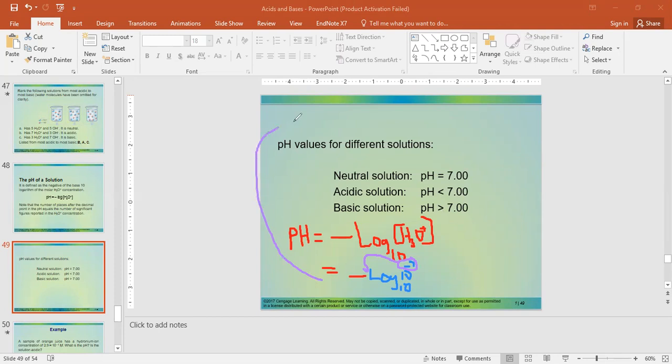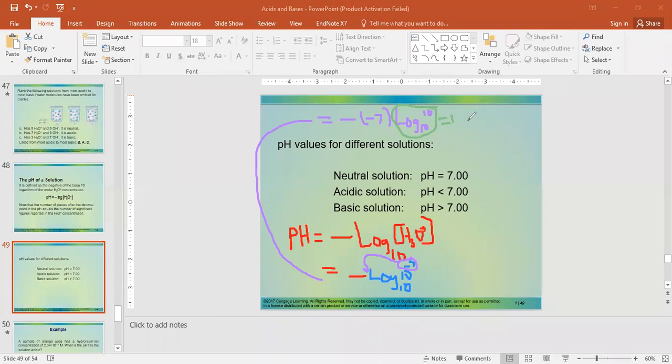That's why this can be written as negative into brackets negative 7, the power we have made a coefficient, times the logarithm of 10 to base 10. What is the logarithm of a number to the same base? 1. So the whole of this one I'm circling gives us 1.